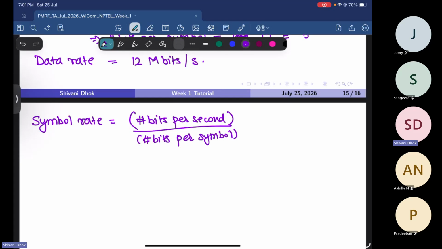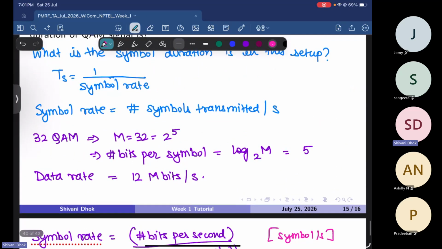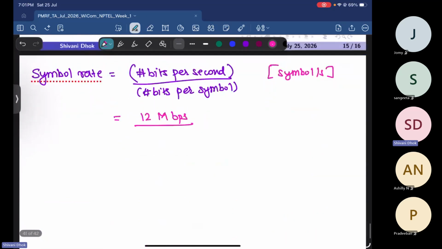So that will give me symbol rate in symbols per second. The numerator is your data rate, that is 12 megabits per second, and the number of bits per symbol is 5 because we are using 32 QAM.